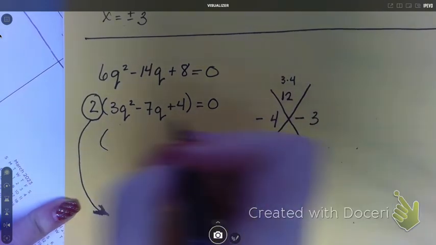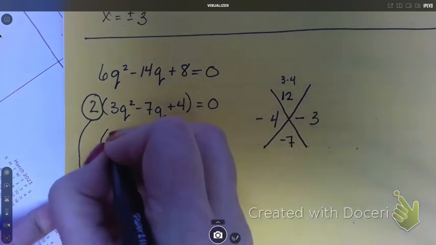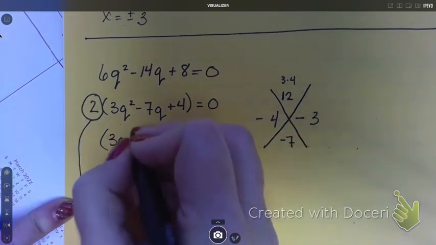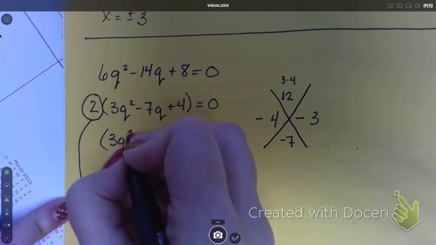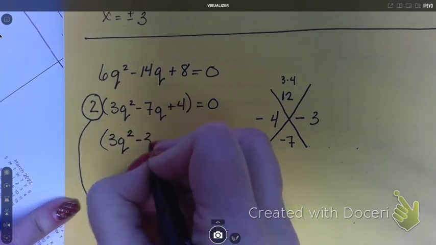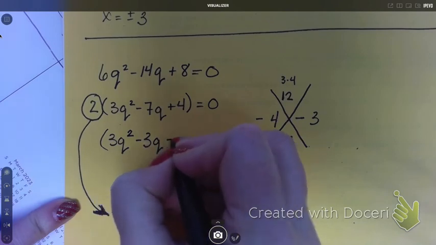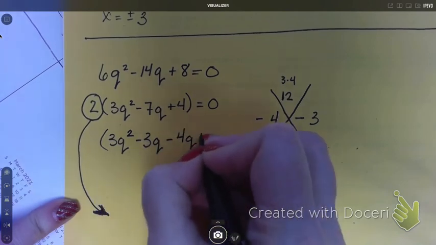On this one, I am going to move the 3 just so my brain likes it. So 3q squared minus 3q minus 4q plus 4.